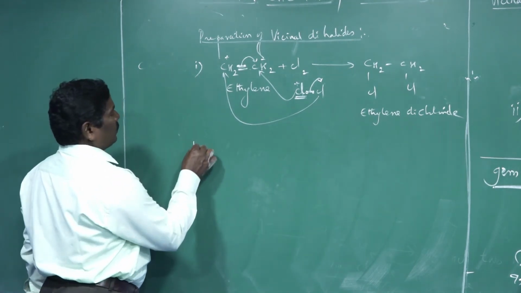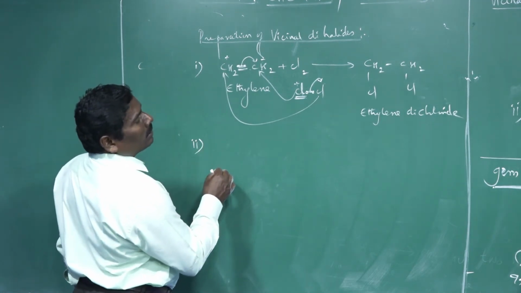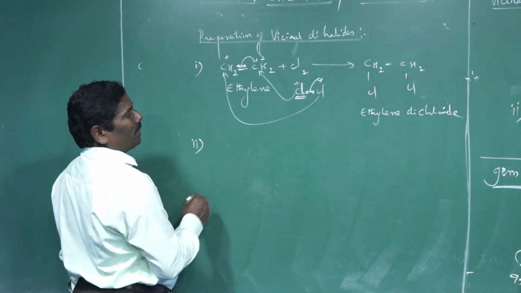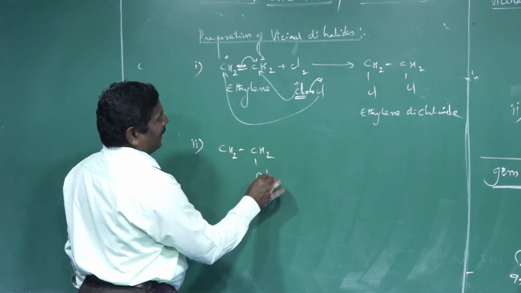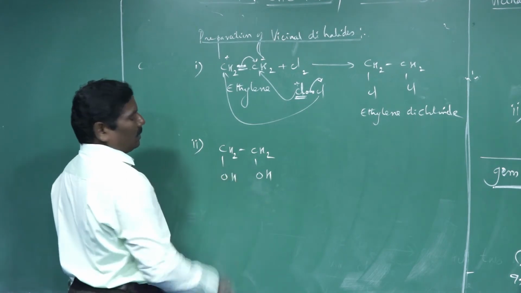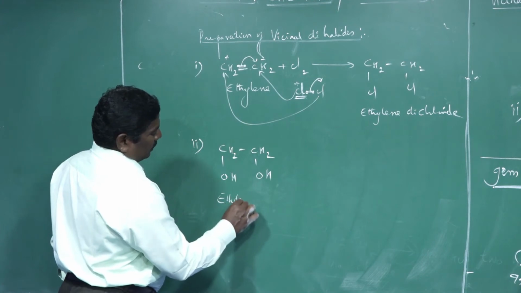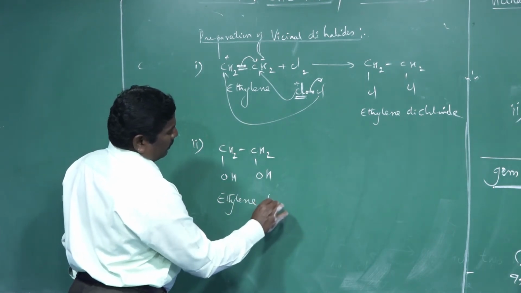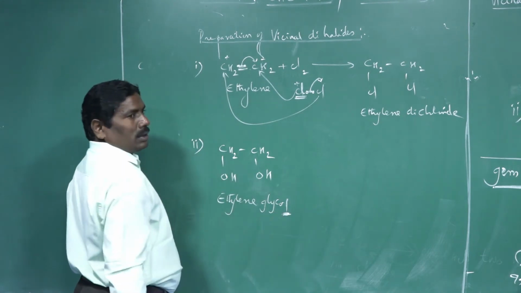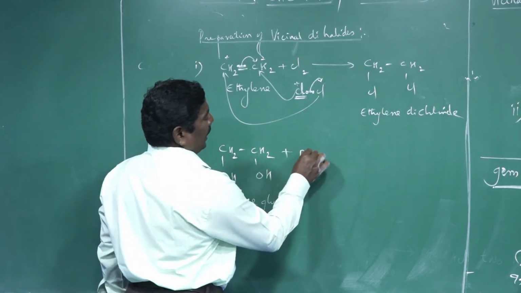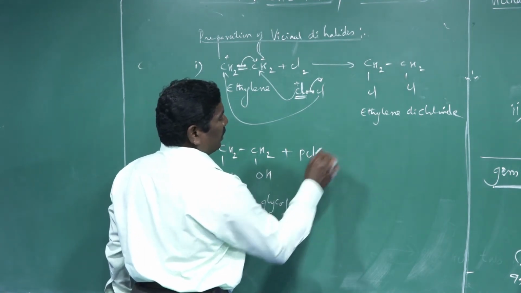The second method is a similar concept. Take ethylene glycol, an alcohol, and treat it with halogenating agents like PCl5.